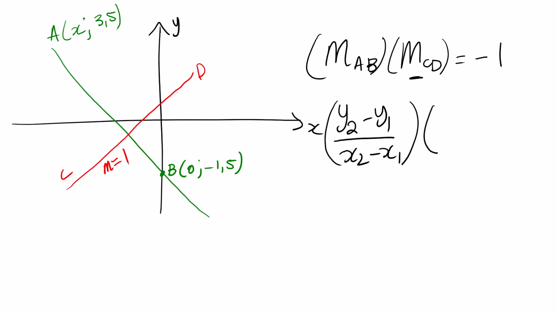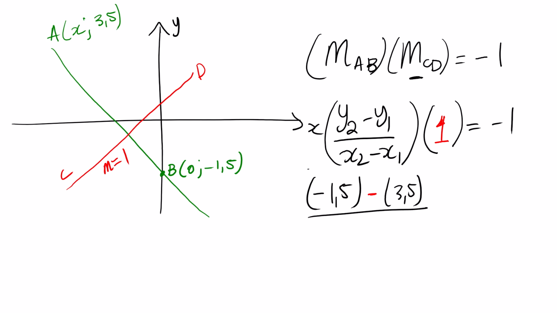Where we see MCD, we substitute by our gradient, 1. What is our y2? Our y2 is -1.5 minus our y1 is 3.5, actually.